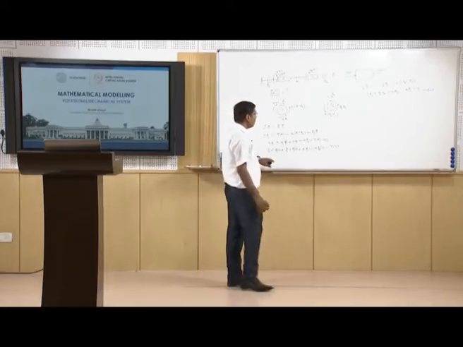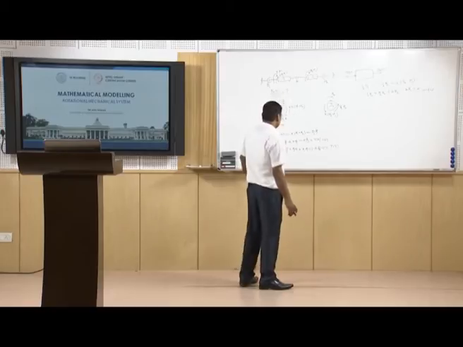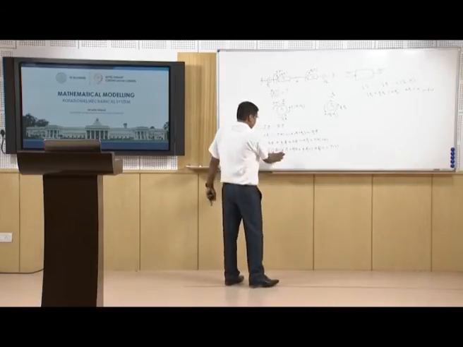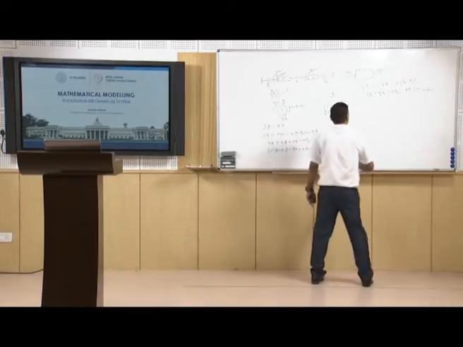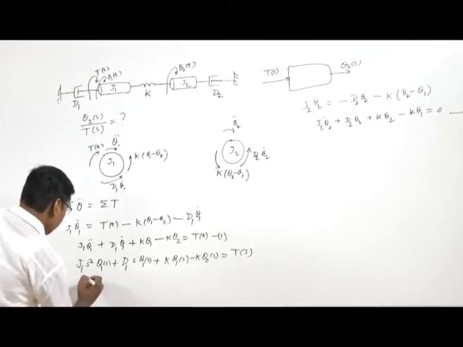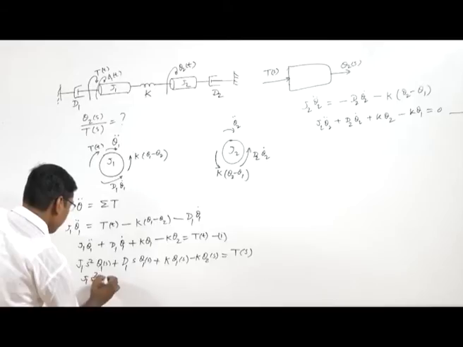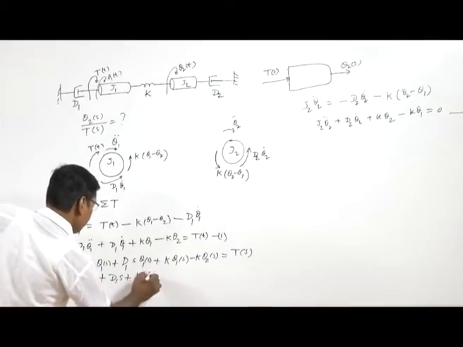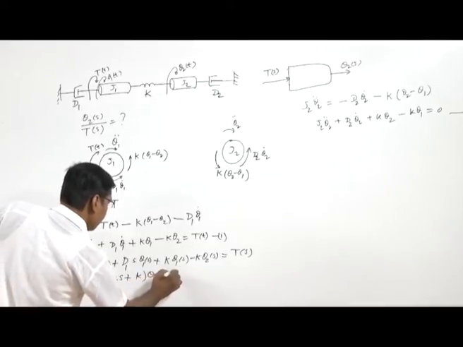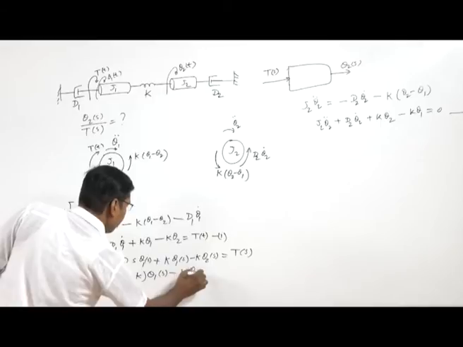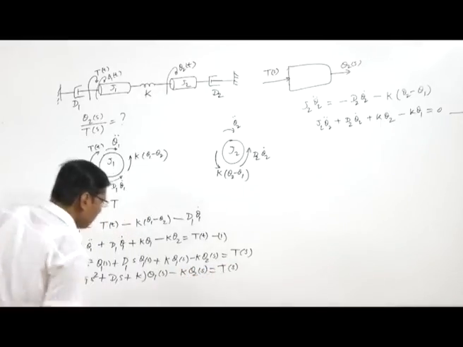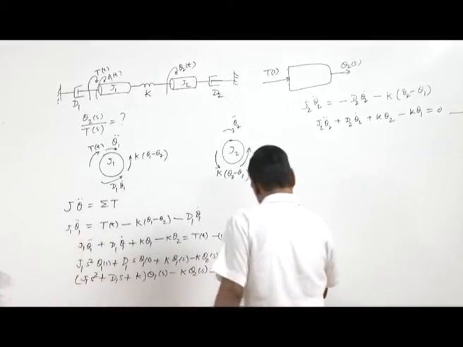We can simplify this by collecting the terms. So we can write (J1 s square plus D1 s plus K) theta 1 s minus K theta 2 s equal to T s. So this is equation number 3.